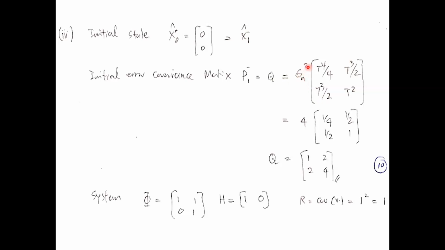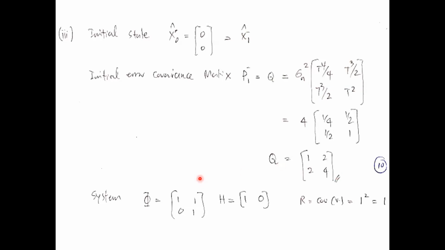So 2 times 2, 2 square is 4. And the sampling interval is 1, right? So this is 1 over 4, 1 over 2, 1 over 2, and 1. So Q equals 1, 2, 2, 4. You just simply calculated the process error covariance matrix. Clear? Right.